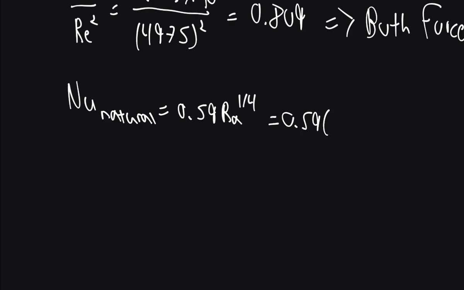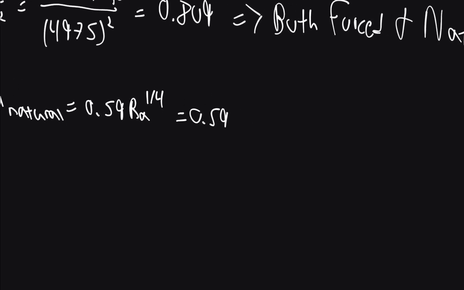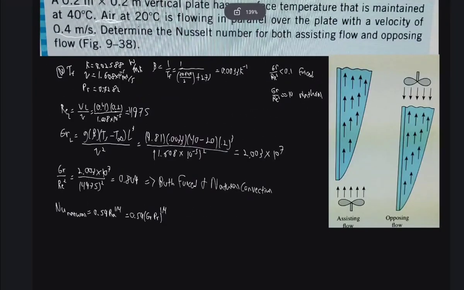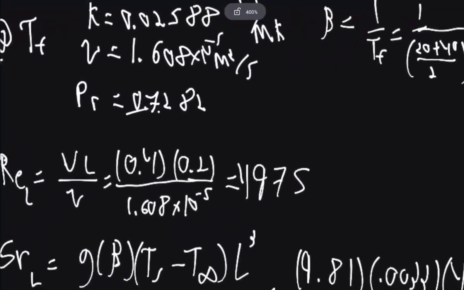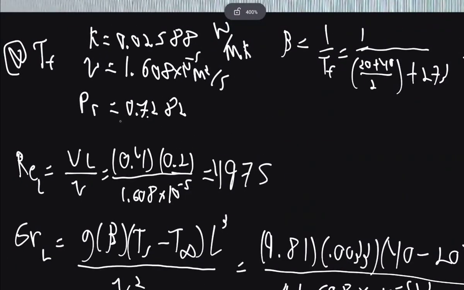And the Rayleigh number, we haven't calculated that. That's just the Grashof number times the Prandtl number. We have the Prandtl number right here, 0.7282. I don't know why there's a dash there.